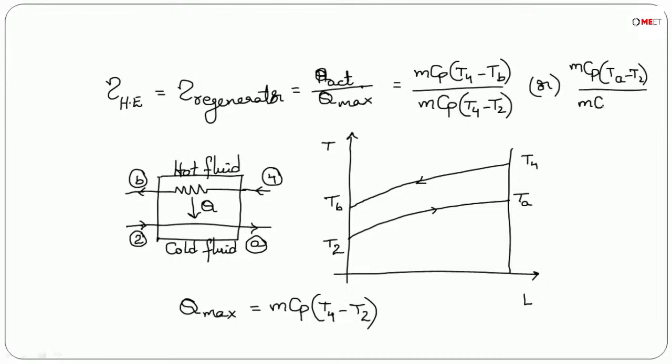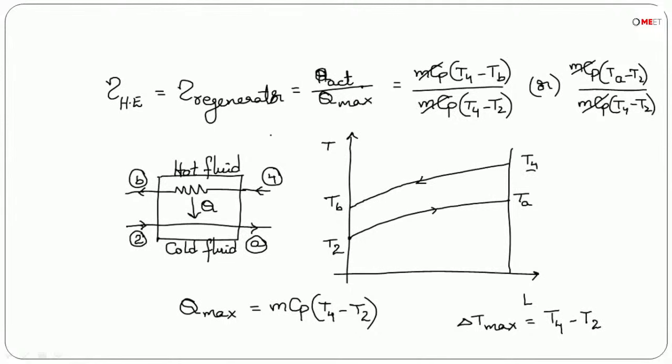We need to consider this as the maximum possible heat transfer. In order to have maximum possible heat transfer, we need to have maximum temperature difference, delta T max, which is nothing but the maximum temperature minus the minimum temperature of the heat exchanger. Maximum temperature is T4 and minimum temperature is T2. That's why we have written T4 minus T2.